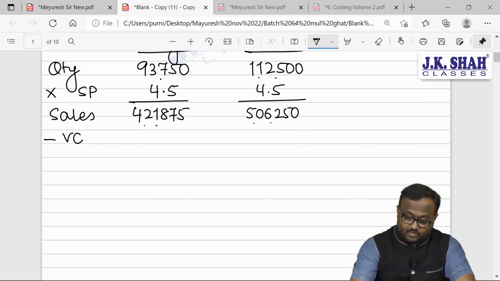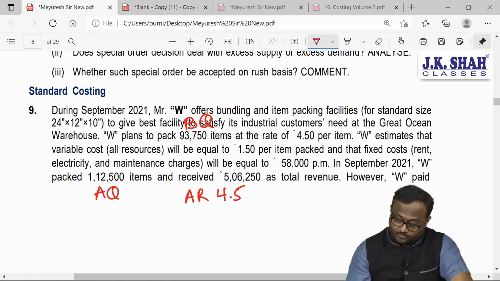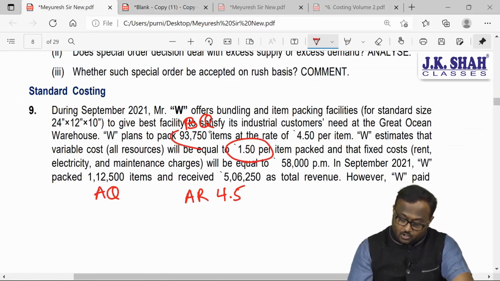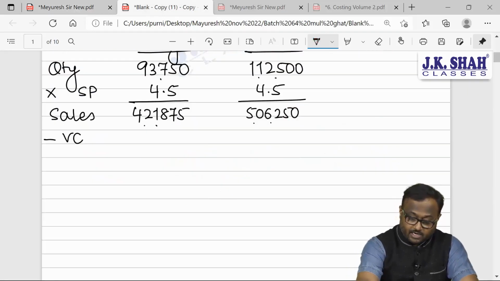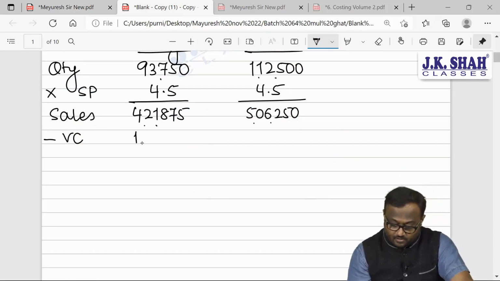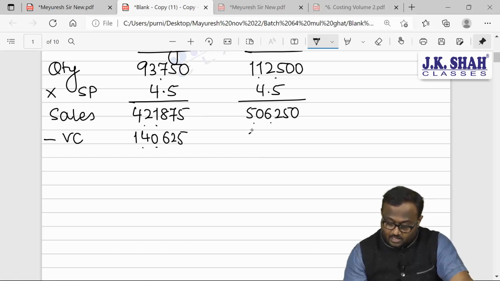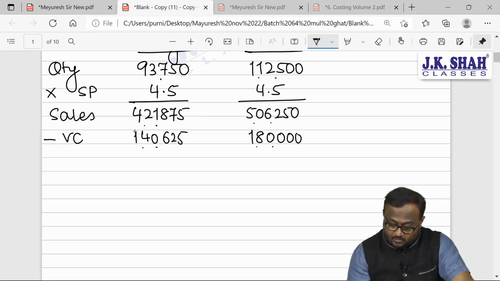Now if you talk about variable cost, it is 1.5 per unit. So for 93,750 at the rate of 1.5, my variable cost would be 140,625, and here it is clearly given to be 1,80,000.